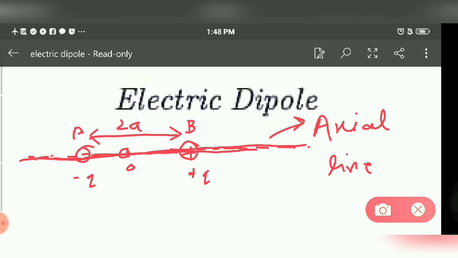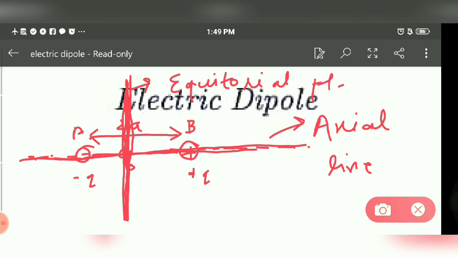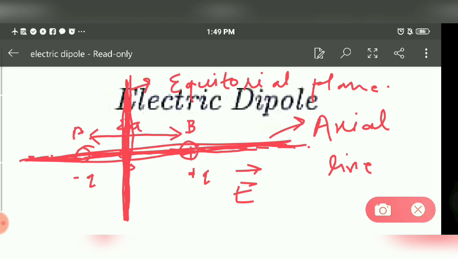And this is the center; a plane or line passing through the center but perpendicular, this is called the equatorial plane or line. So this is equatorial, this is axial. Now what we have to do? We have to find the electric field due to a point on the axial line and the equatorial line. So we are going to find the expressions for it further.